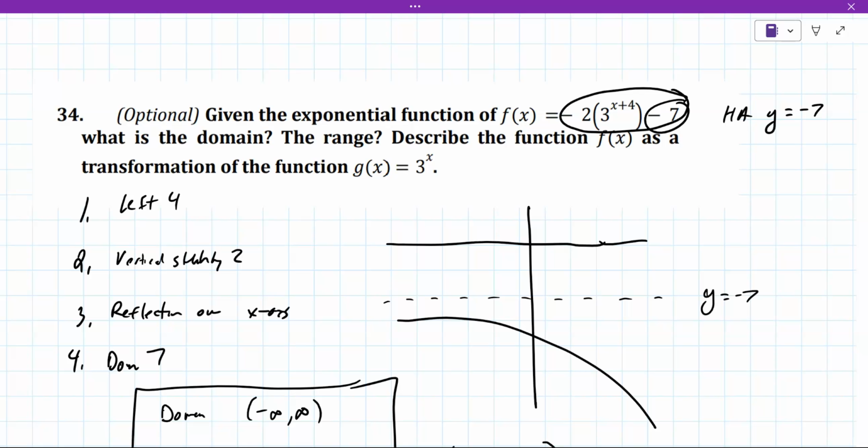So if it's inside the parentheses with the x, then that's left or right, and horizontal. So if there's a 2 up here or a 5 up here, that's a horizontal change. And then it's always backwards or opposite when it's inside parentheses. So that's why it's left for positive and right for negative. Normally with a 5, you'd think it'd be a horizontal stretch, but it's actually a compression because it's flipped when it's inside.